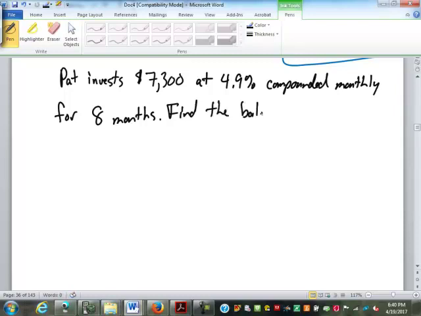Find the balance at the end. I'll warn you, there's a little bit of a twist on this one.